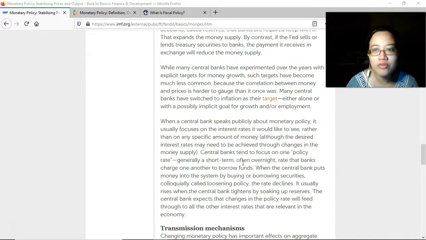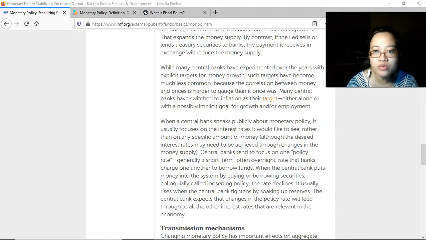Central banks tend to focus on one policy rate, generally a short-term, often overnight, rate that banks charge one another to borrow. When the central bank puts money into the system by buying securities, colloquially called loosening policy, increasing the money supply, the interest rate declines.